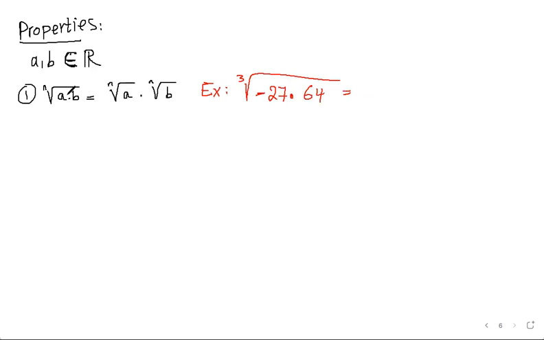I can separate everything inside into the two radicals. Equal what? What's the answer here? Third root of what?